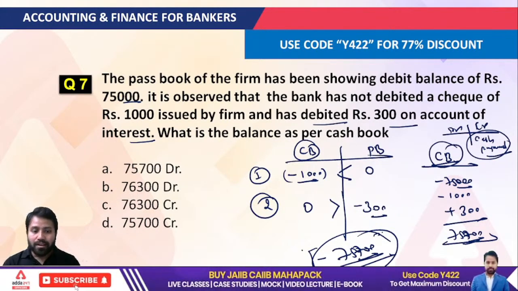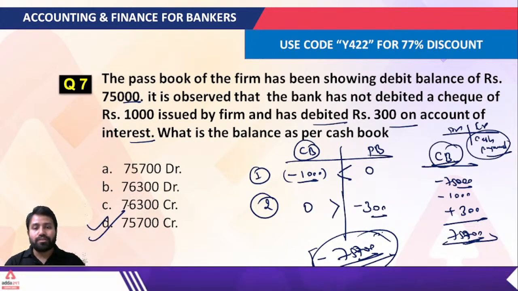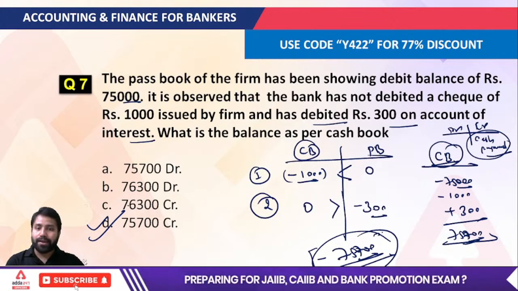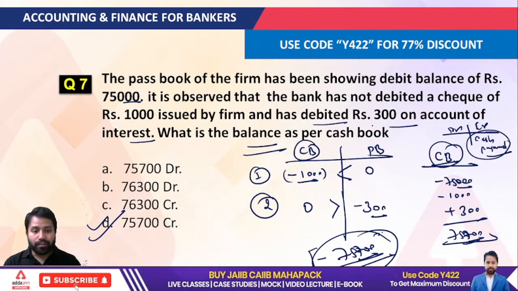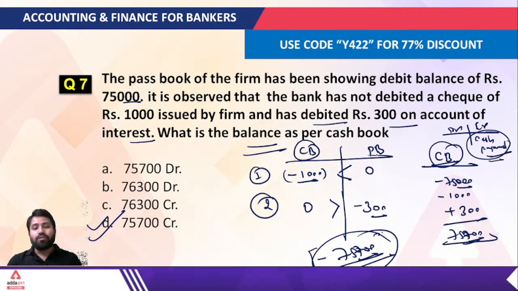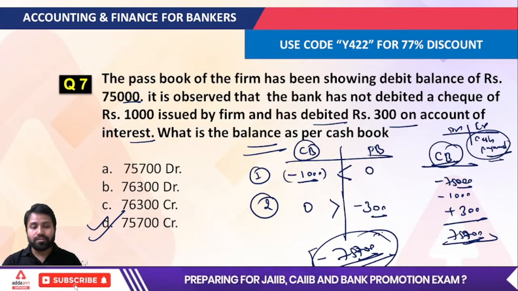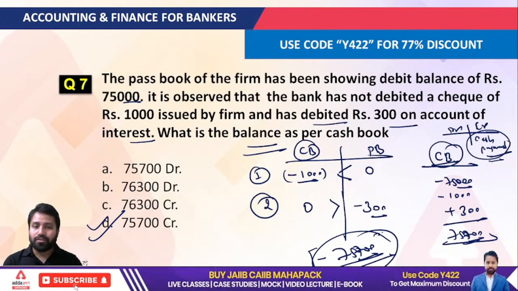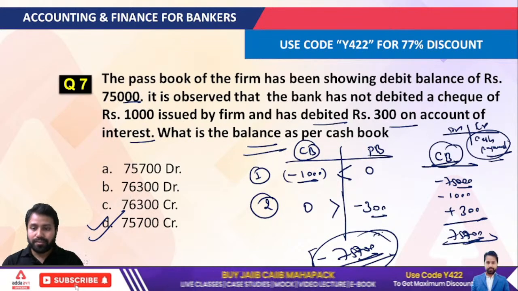So the correct answer would be 75,700 or credit, because we are talking about the balance as per the cash book, and on the credit side of the cash book we record all the cash payments. This is how we solve the questions in the examination also. I hope you all are understanding this.